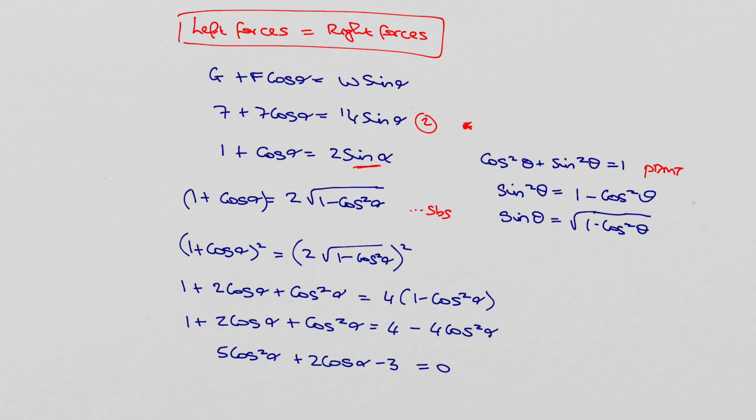Okay, so now we're looking at something that's very familiar. It's a quadratic, and it's a trig quadratic. So we're going to say, well, what multiplies to give us 5 times minus 3, which is minus 15, and what's going to add to give us 2? And clearly it's 5 and minus 3. So that would give me 5 cos squared alpha plus 5 cos alpha minus 3 cos alpha minus 3 equals 0.